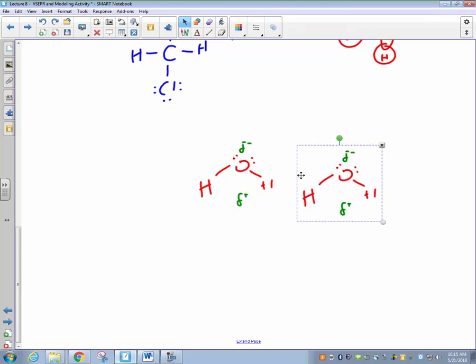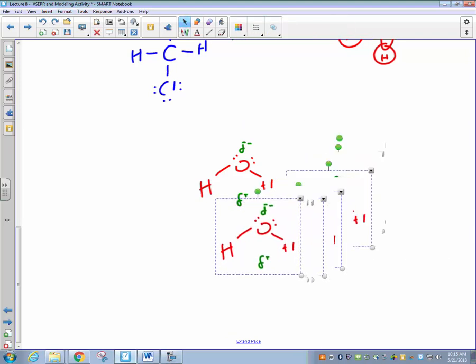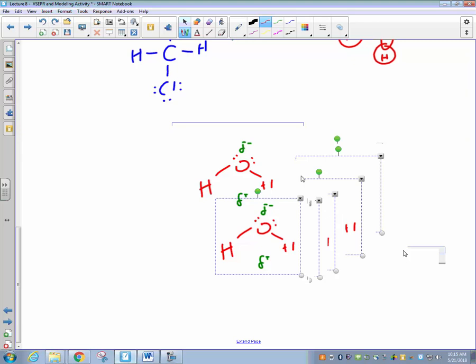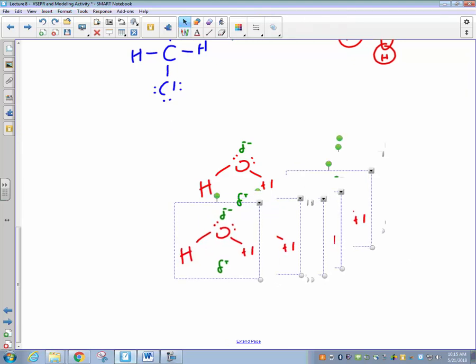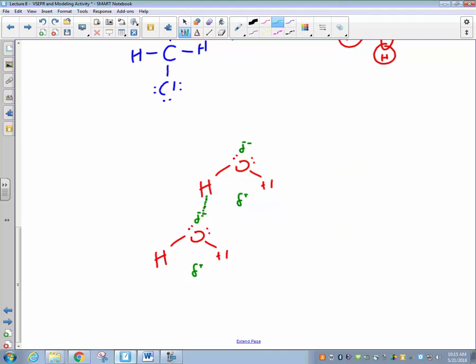They can arrange themselves in such a way that it puts the partial negative charge of the oxygen close to the partial positive charge of some of those hydrogens. And as a result, we might expect to see an attractive force between the oxygen of one water molecule and the hydrogen of another, due to essentially Coulomb's law, that is, opposites attract.